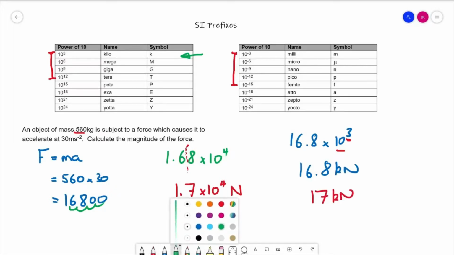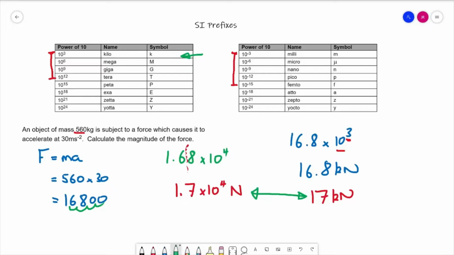Now those two there do say exactly the same thing, just in a slightly different way. 1.7 times 10 to the 4 newtons and 17 kilonewtons is exactly the same, as I said, just slightly different ways of writing it. Either of those answers would be perfectly well accepted. There isn't really a preference.